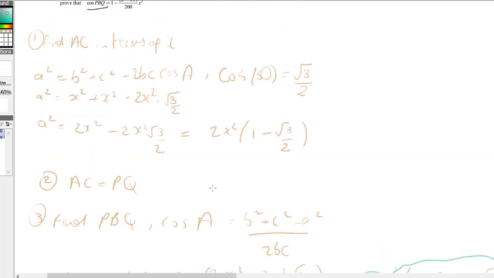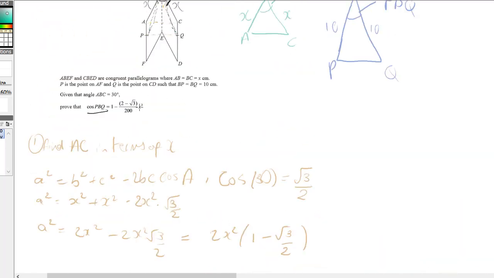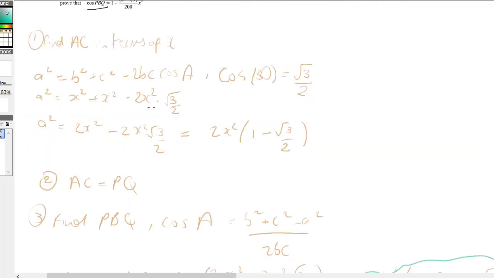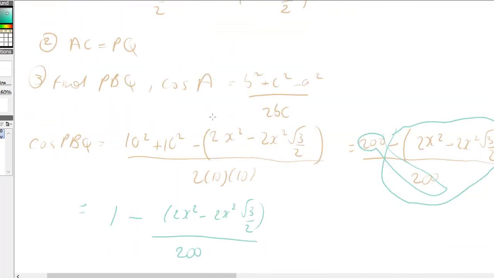Brilliant. So let's compare that to what we want here. And then the x squared is outside. So x squared goes outside, so 1 minus, and then we said 2x squared. Now the other thing is we can cancel these two here. Square root of 3.